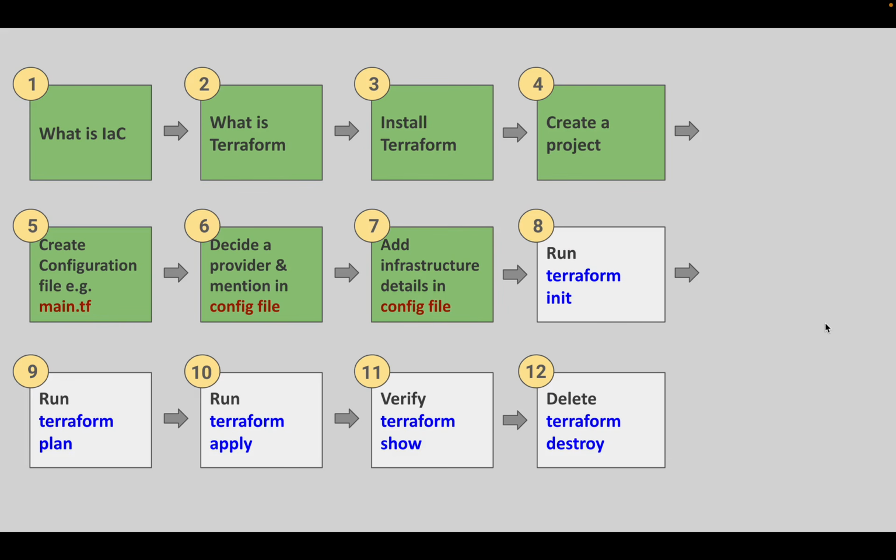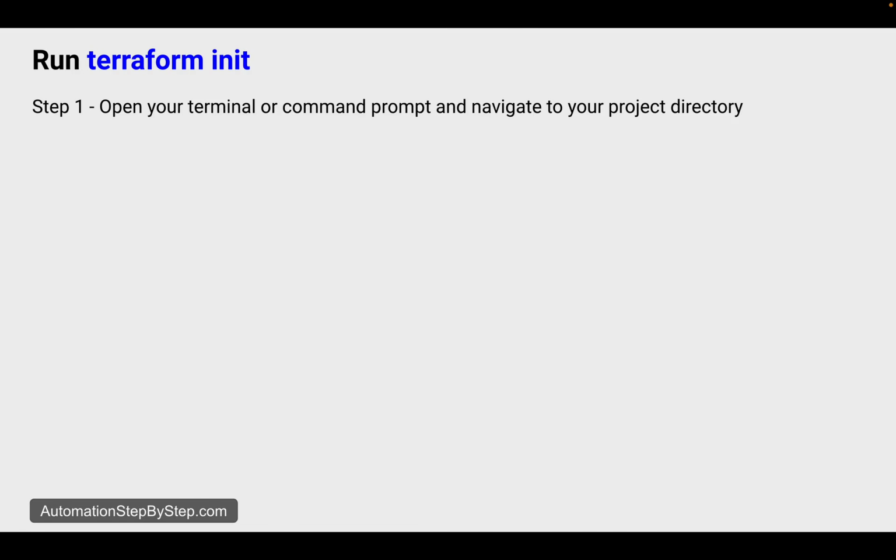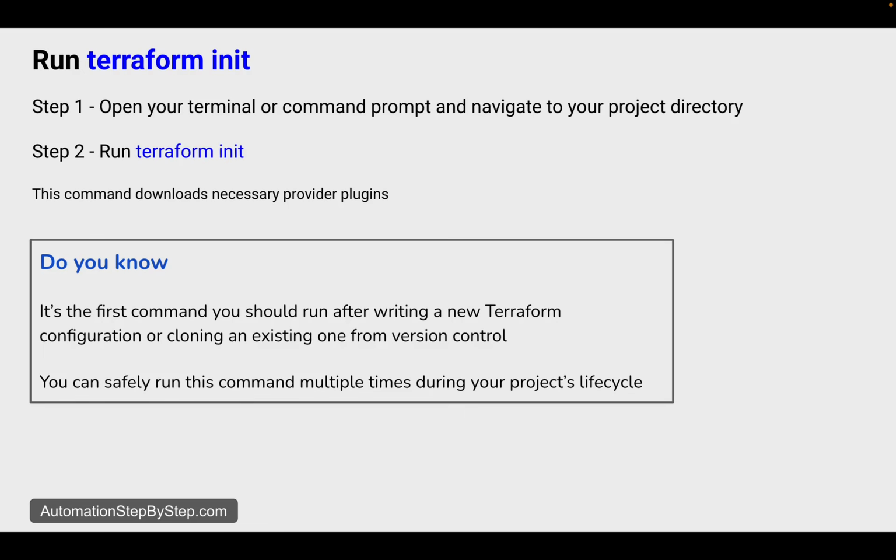We have added the infrastructure details in our config file, and now next we will run terraform init, and we have already ran it once because we wanted to set up our providers and everything. So we have done that, but let us see some details about this command. This command will download the necessary provider plugins.